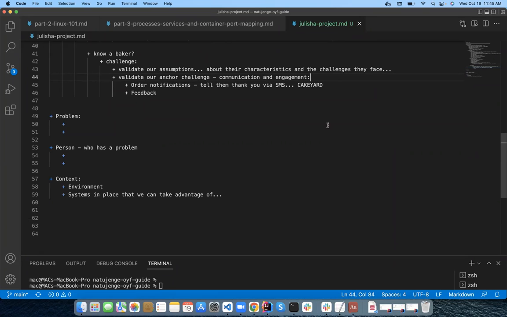So we know bakers have a lot of challenges, but we want to create a small tool that they can use for their communication and engagement. And of course, as they do communication and engagement, the ultimate effect is to grow their business by being organized, and ensuring that they don't miss out on opportunity.